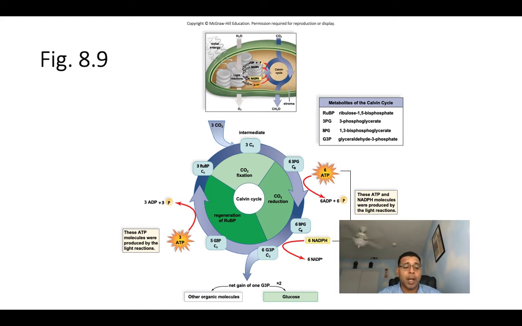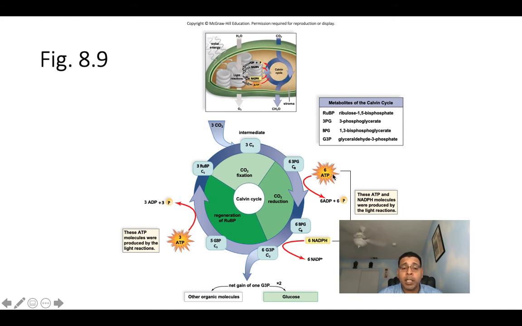Next, let's look at the reduction of carbon dioxide. Each of the 3PG molecules undergoes reduction to G3P, and that's going to happen in 2 steps. The first step is going to convert our 3PG molecule into 1,3-bisphosphoglycerate, or BPG, as we can abbreviate it. This is going to happen by the use of ATP molecules.